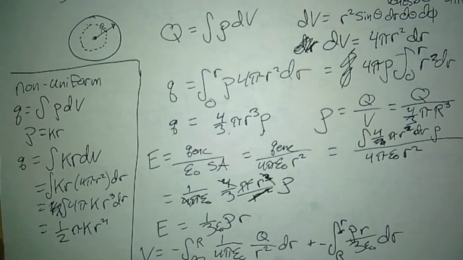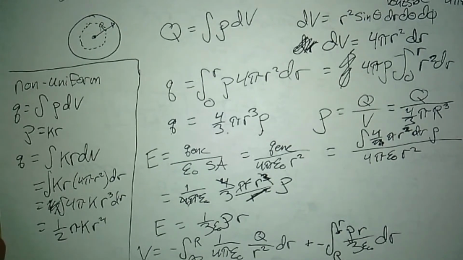And so then you'll just take that value to where we used q earlier, and plug that in instead.